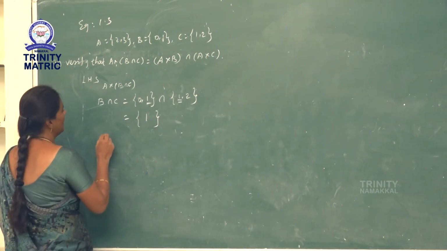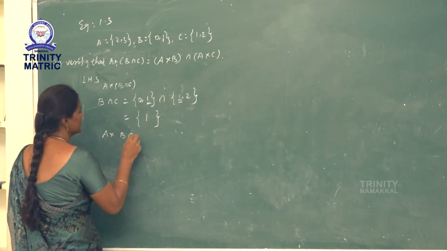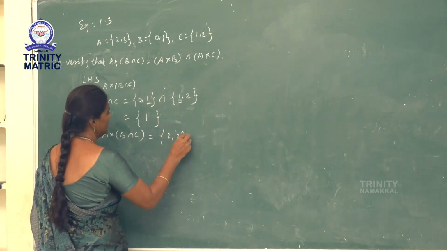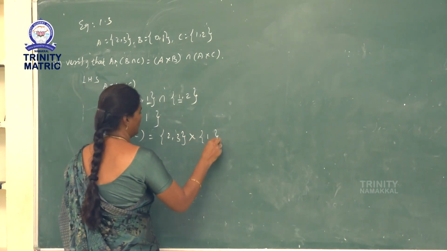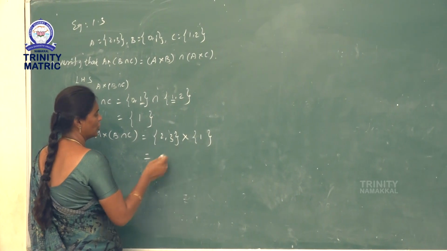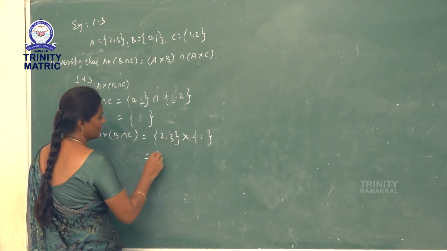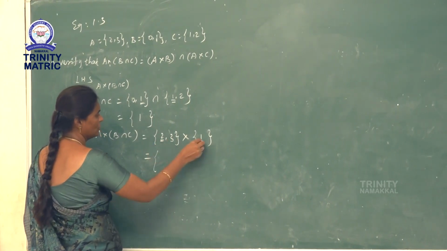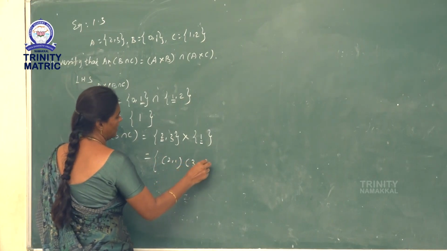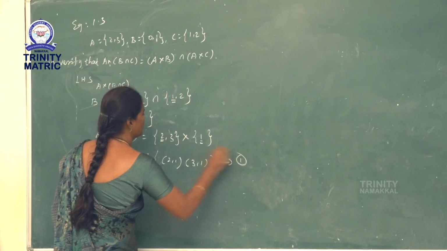Then A cross B intersection C is equal to the elements {2, 3} cross 1, B intersection C. Now we do the Cartesian product and write the ordered pairs: first we take 2 and 1, that is 2 comma 1, then we take 3 comma 1. This is equation number 1.